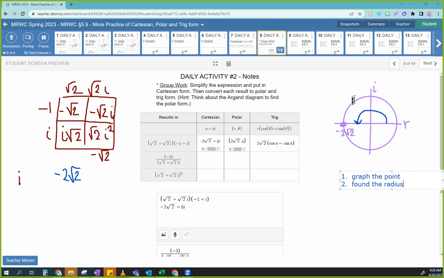Imagine if it's up here, you're going to have to draw that right triangle and figure out your angles there. So find the radius, and then 3 is find the angle. We're going to add to these directions as we go through these other 2. Okay, so let me pause this here.